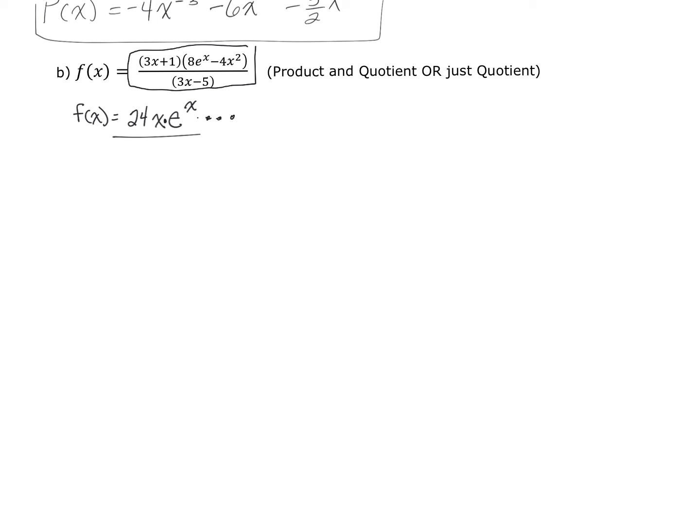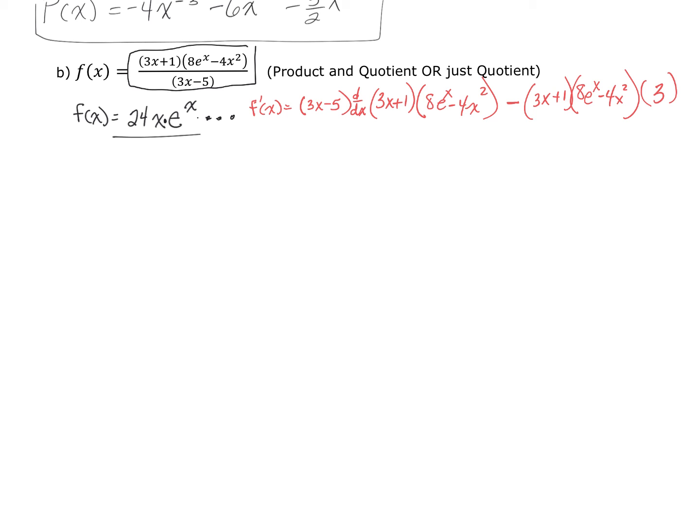So if I begin to use the quotient rule here, f prime of x is the bottom times the derivative of the top, which is 3x minus 5 times the derivative of 8e to the x minus 4x squared, minus the top, 3x plus 1 times 8e to the x minus 4x squared, times the derivative of the bottom, which in this case is just 3, all over the bottom, 3x minus 5 squared.